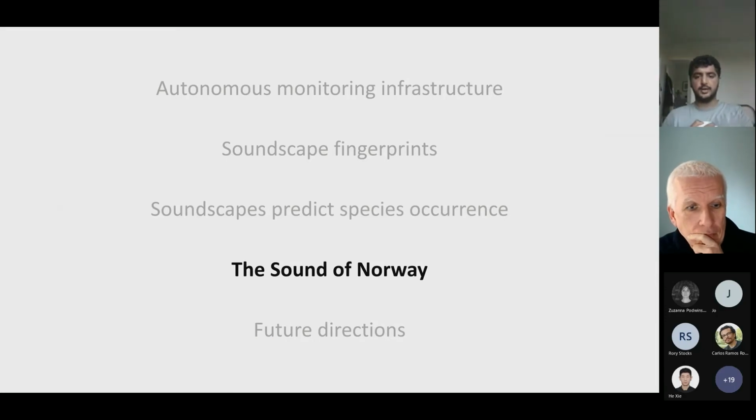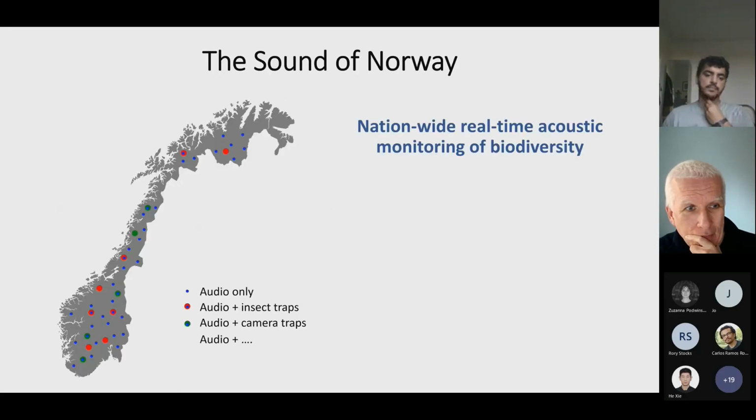Yeah, so now I'm going to talk about a pilot big project we've got going, which is called the Sound of Norway project. The idea right at the start for the Sound of Norway project was to have audio as a particularly well scalable form of monitoring. National monitoring programs in most countries exist and they have different goals. There'll be one that puts out insect traps, or another that puts out camera traps to look at small mammals, and they're all quite disparate types of sampling regimes in different areas.